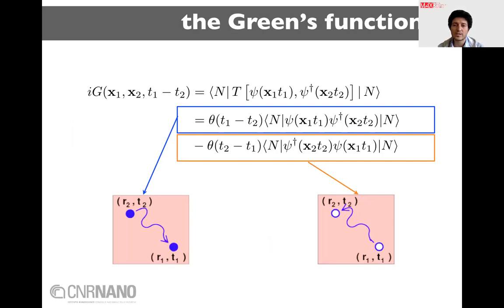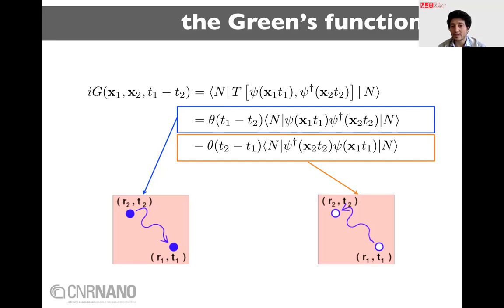We see that basically here we are accounting for an electron that is added at T2 x2 and then destroyed at T1 x1, or vice versa for the holes added at T1 x1 and then destroyed later on. In between T1 and T2, or T2 and T1, we have a dynamics with an extra electron or an extra hole.